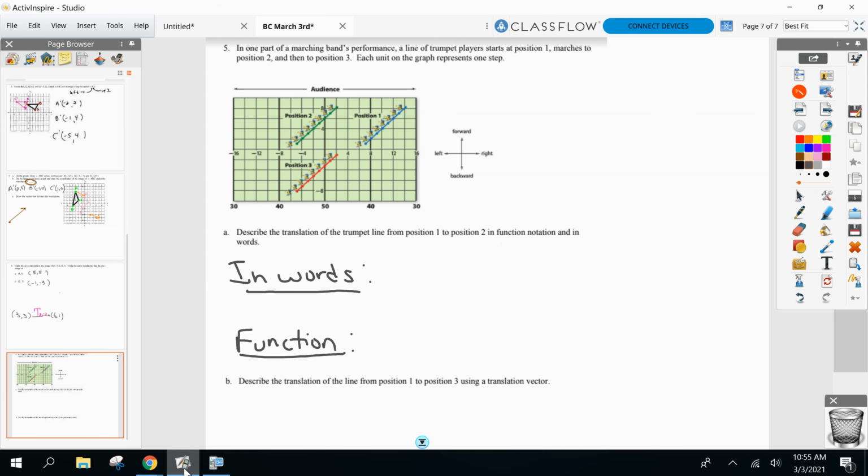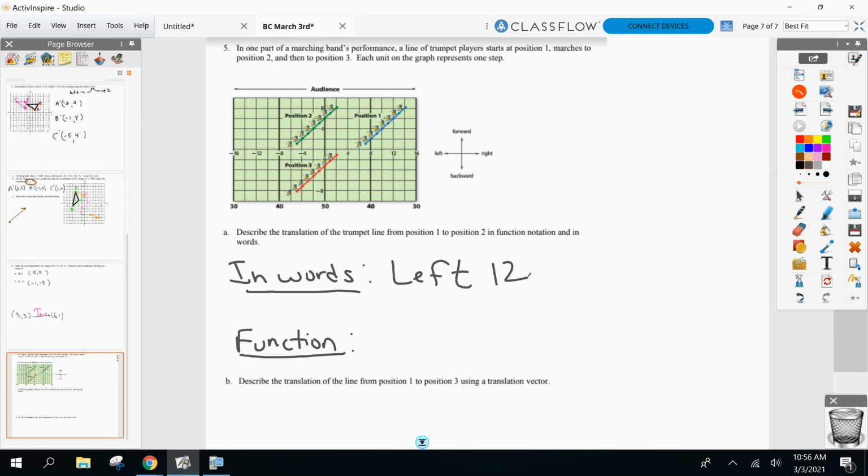How do I get from position 1 to position 2? Left 12. Yep. And that's it, right? You're not going up or down any to get from position 1 to 2.